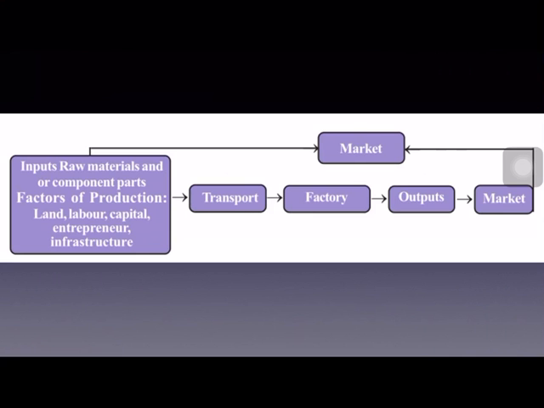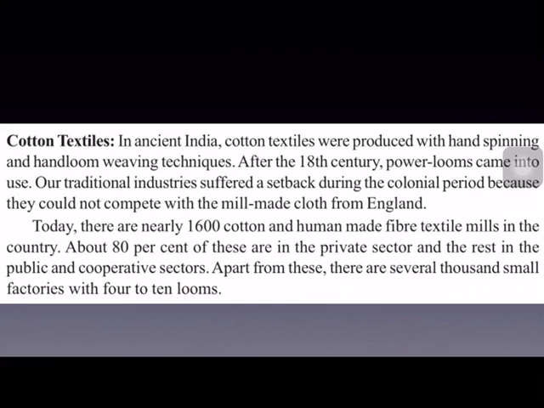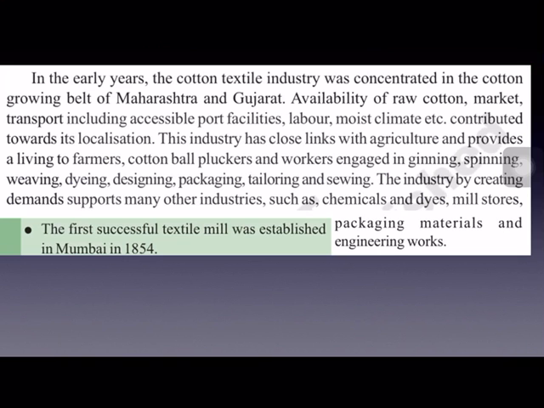We also learnt about agro based industries like the textile industry and cotton textiles, and why the cotton textile industry is concentrated in the states of Maharashtra and Gujarat. Now let us continue.